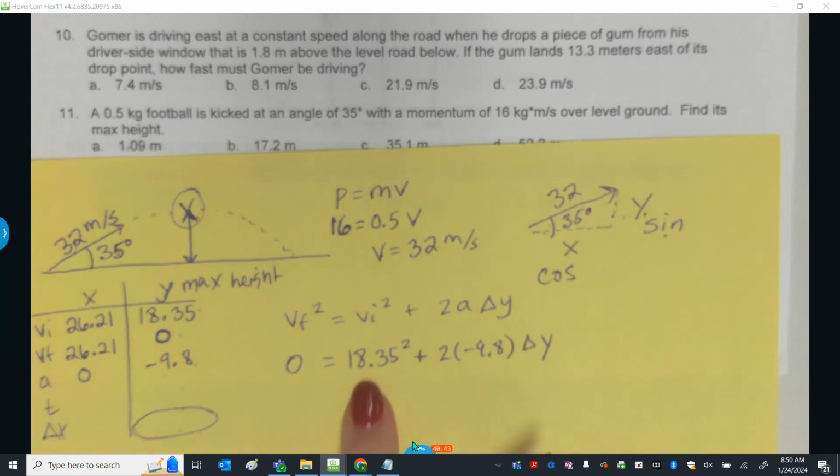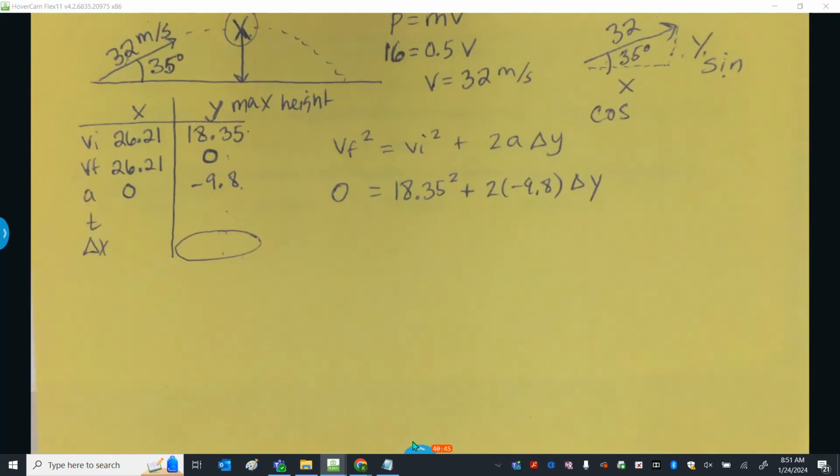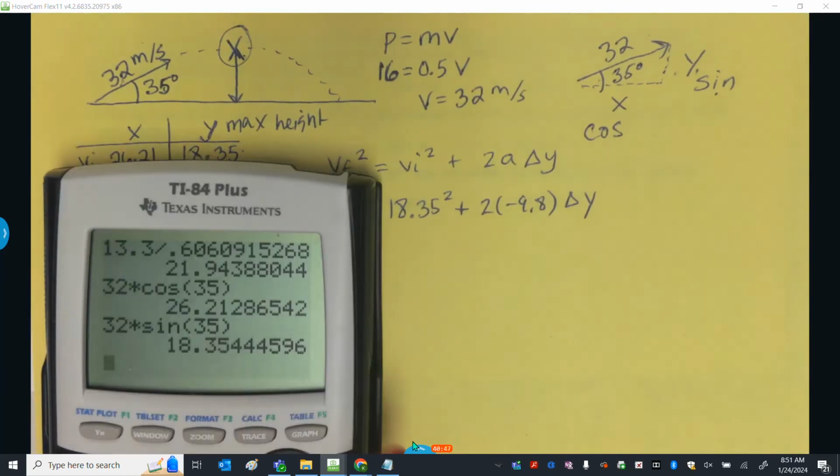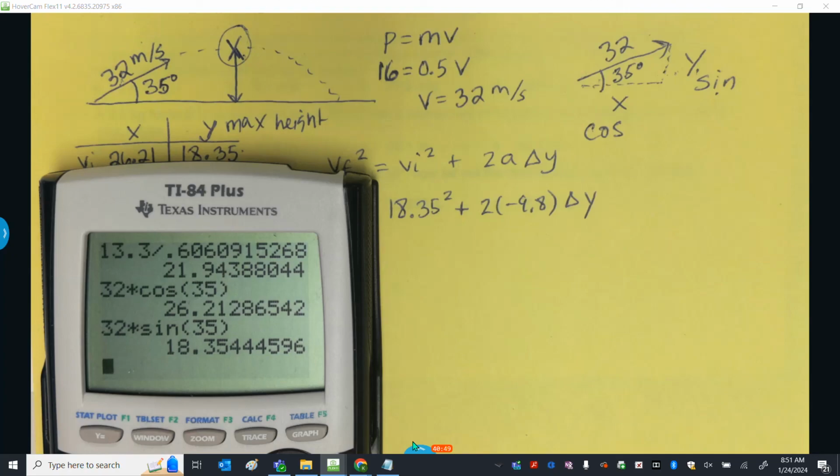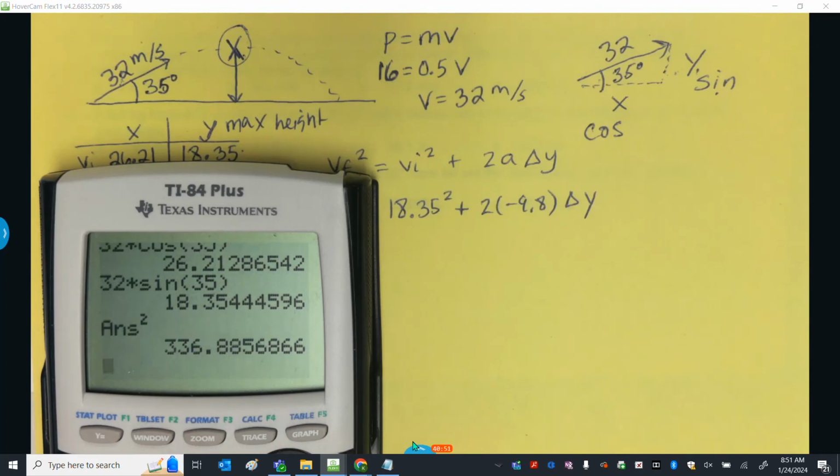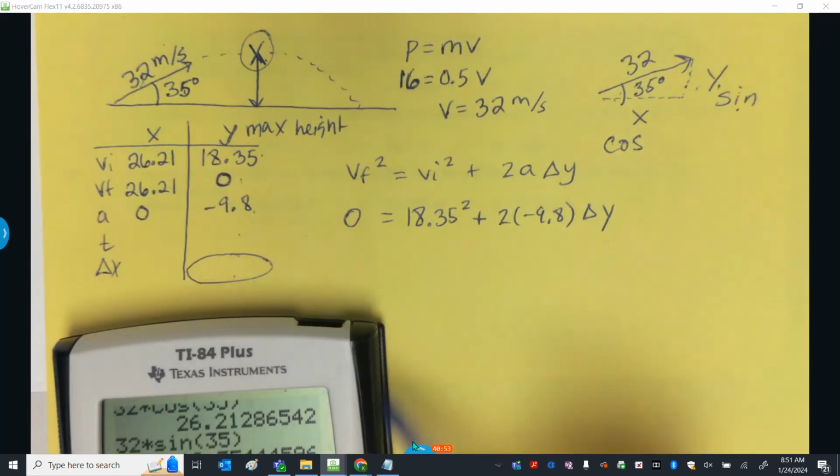Let's go ahead and square this 18.35 that we had in our question. I'm going to square the unrounded one that's in my calculator screen, and then I'm going to subtract it to the other side so that I can get it over here.